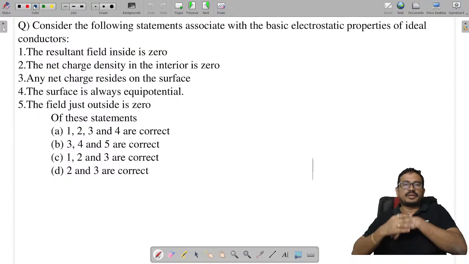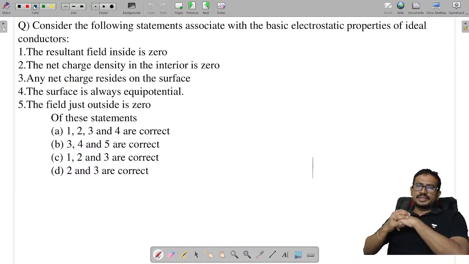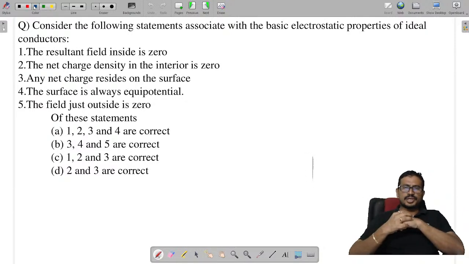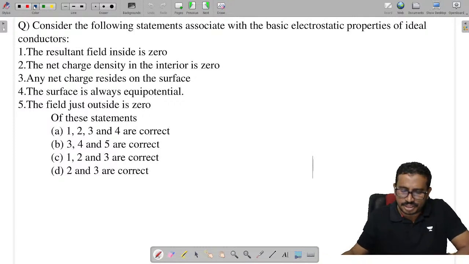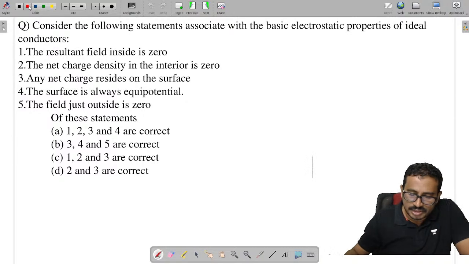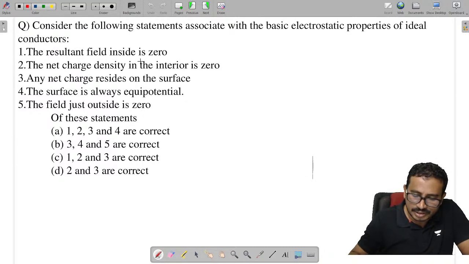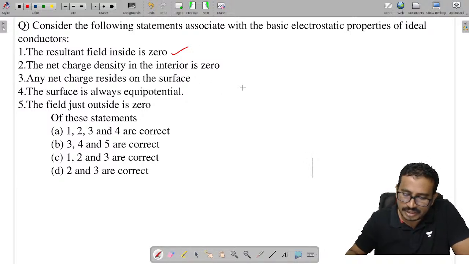Now take this problem. Consider the following statements associated with the basic electrostatic properties of an ideal conductor. Which of the following statements are correct? First, the resultant electric field inside the conductor is zero. This statement is correct. The net charge density in the interior is zero.